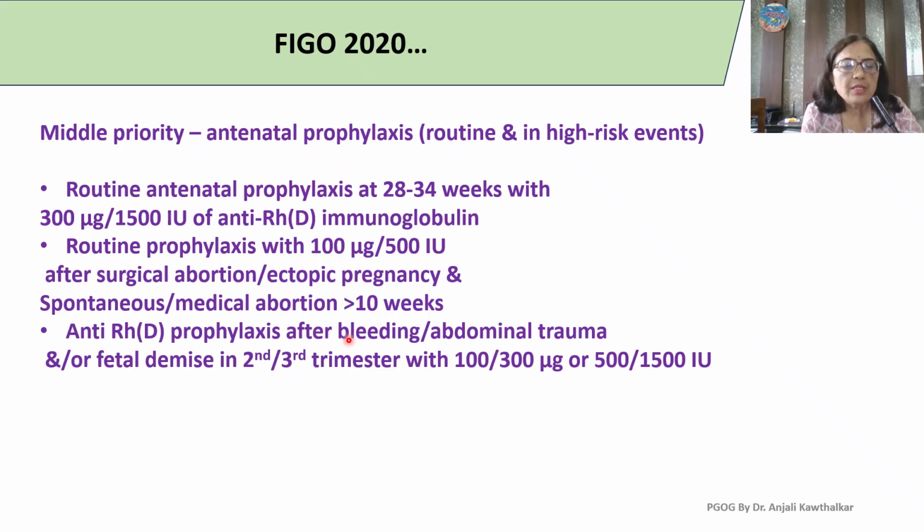In the second half of pregnancy, if there is antepartum hemorrhage, abdominal trauma, or fetal demise in the second or third trimester, then either full dose is to be given or, if not available, then 100 microgram. This is 100 to 300, or 500 to 1500. That means ideal is to give the full dose of 300 microgram; if not feasible, 100 microgram is to be given.